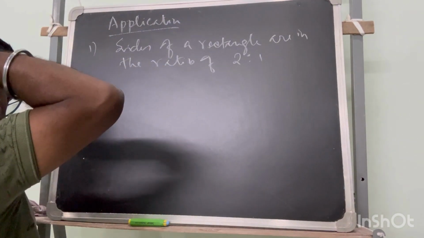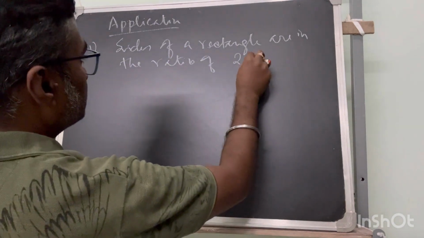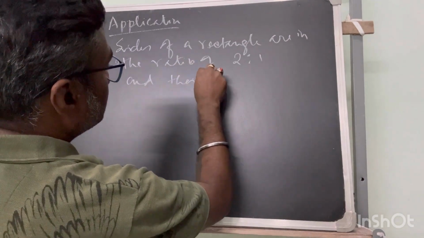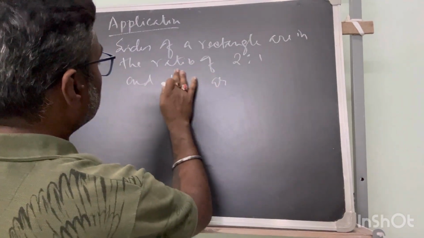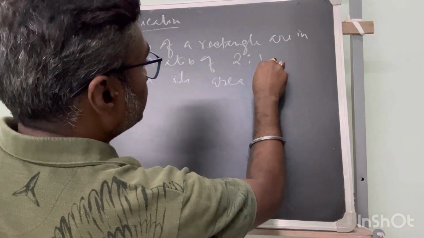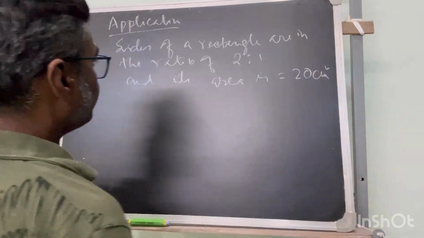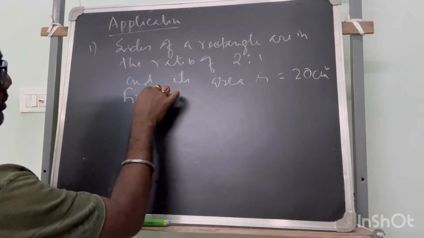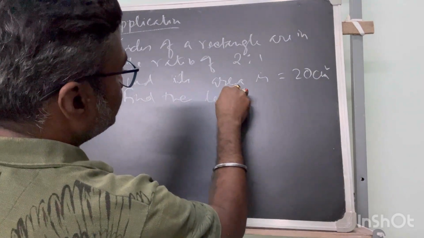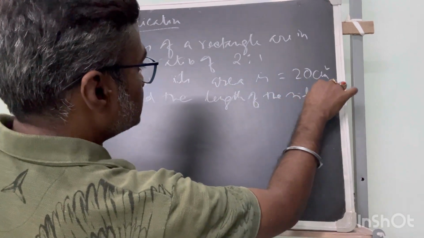That means the longer side is 2, the shorter side is 1, and its area is equal to 20 centimeters square. Find the length of the sides. So this is the question.